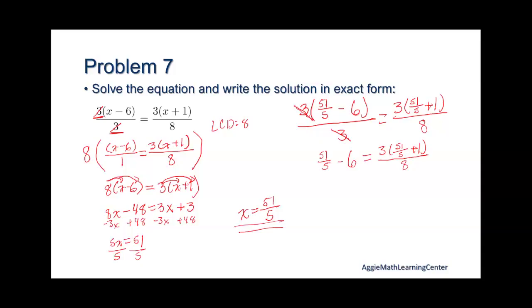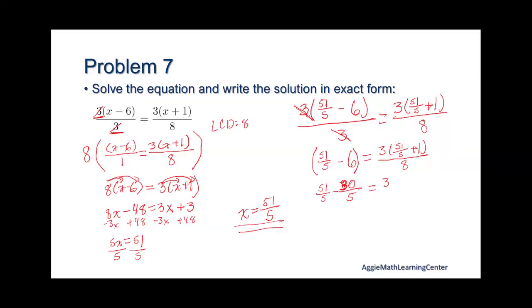We could. What I think is going to end up being a little bit easier is if we find a common denominator within our parentheses and simplify within. So what would our common denominator be? It would be 5. So you have 51 over 5 minus 30 over 5.